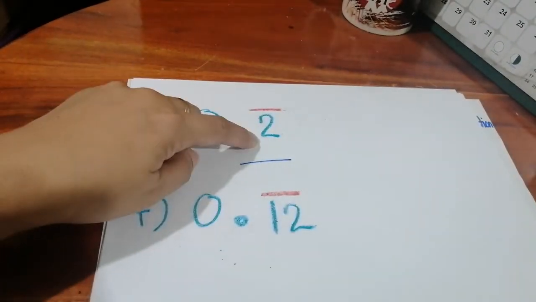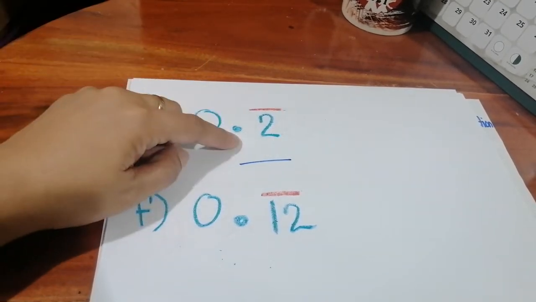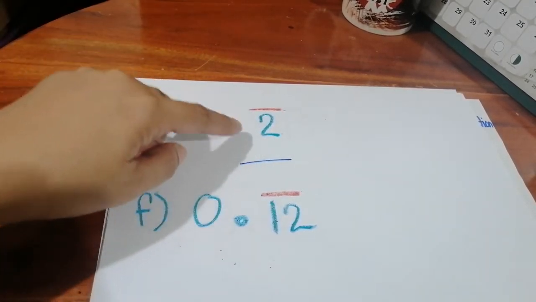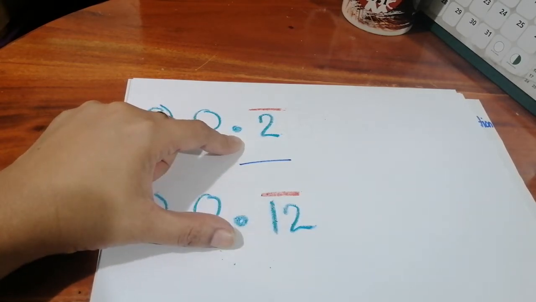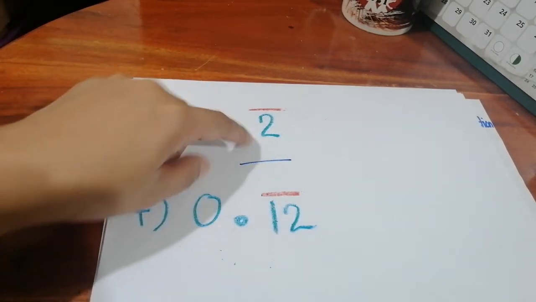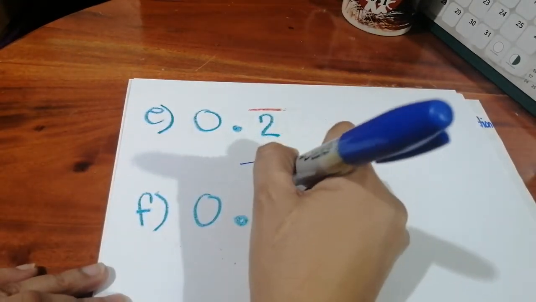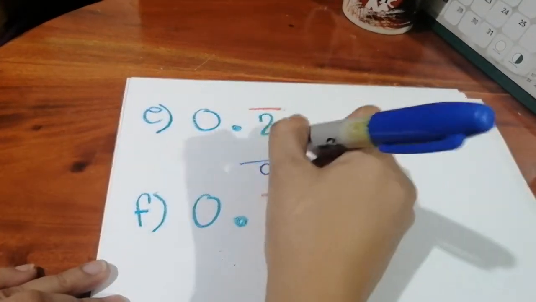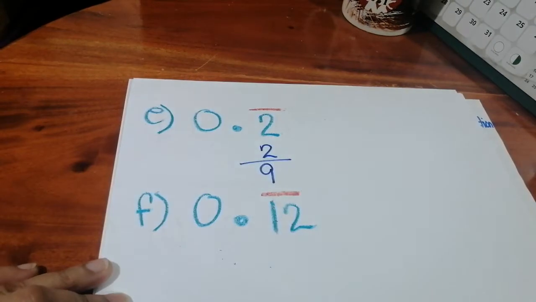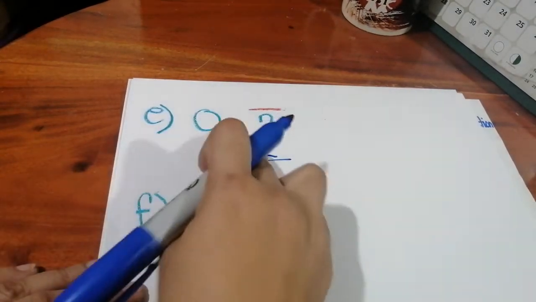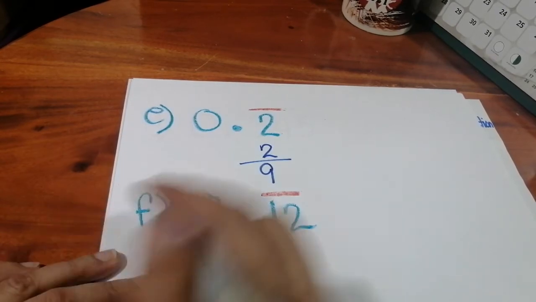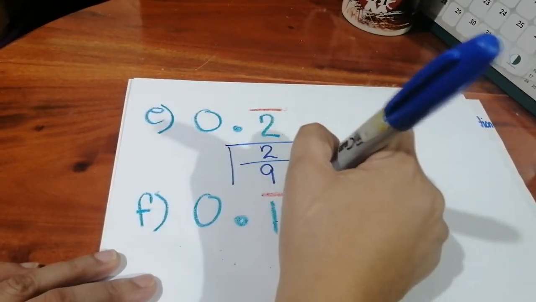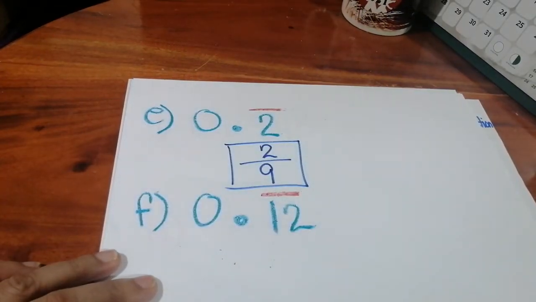And since there's only 1, the denominator is 9, so there's only one 9 as the denominator. And then just copy 2 as the numerator without the decimal point. Okay, 2 over 9, and you cannot simplify that anymore. So 2 over 9 is the final answer.